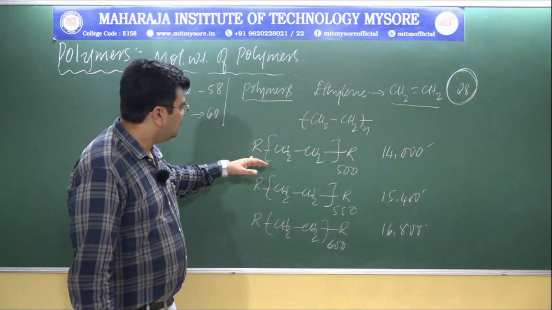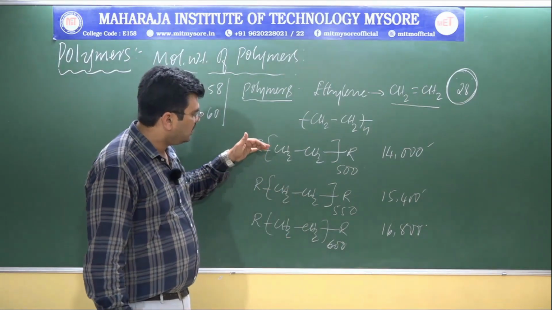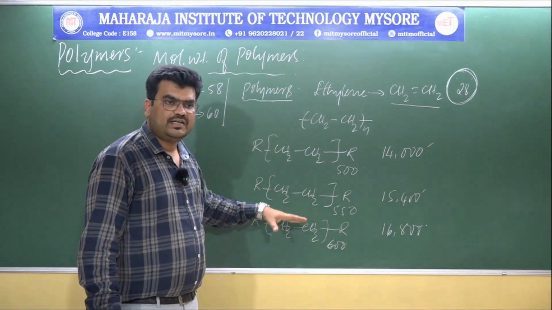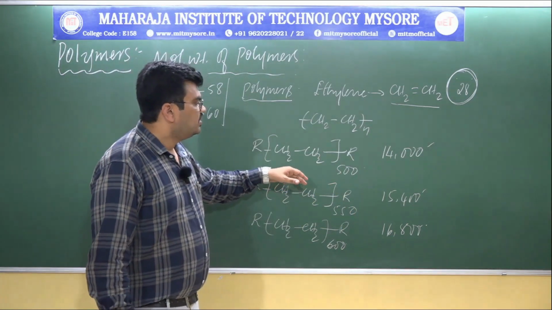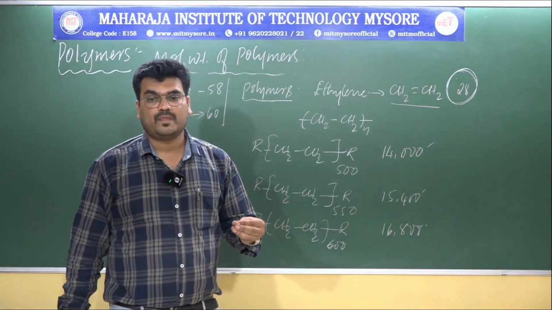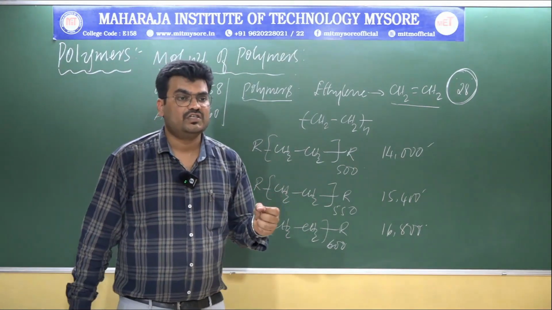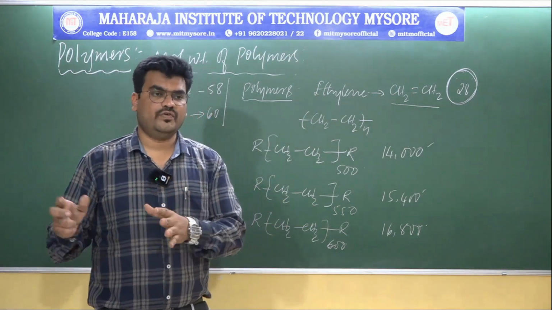So here we can see that the three molecules have different sizes and different molecular weights, and yet they are all very much polyethylenes. That's what I told. So because of that reason, a polymer sample can be thought of as a mixture of the same chemical type but different molecular weights, right?